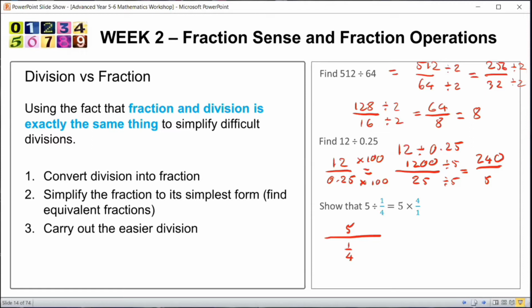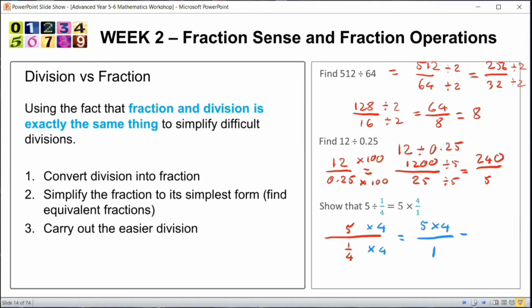Now I'm going to show you. All we need to do is get rid of the 4, so we multiply top and bottom by 4. So equivalent fraction. Here we have 5 times 4. Now, because a quarter times 4 gives you 1.